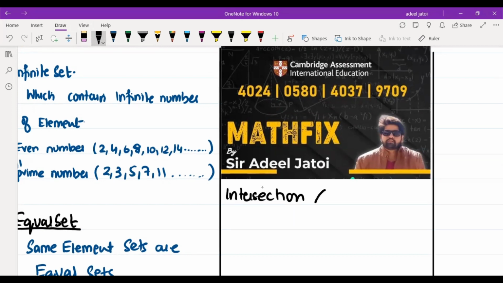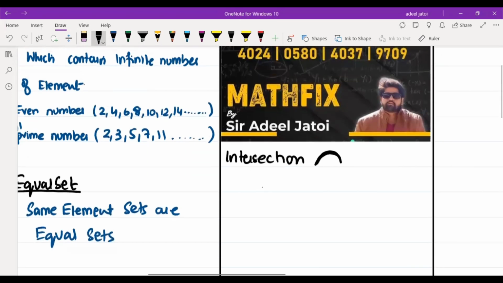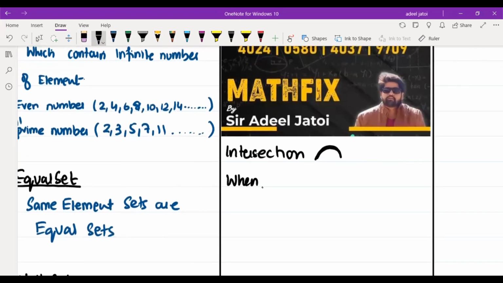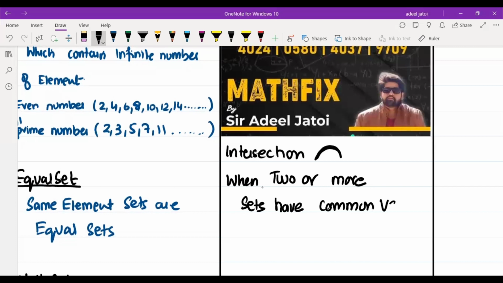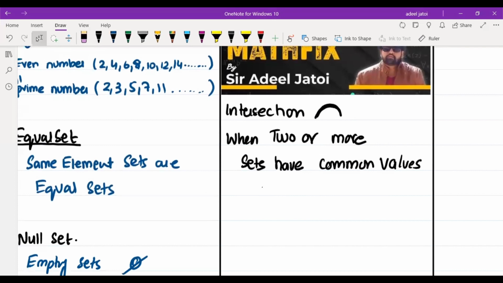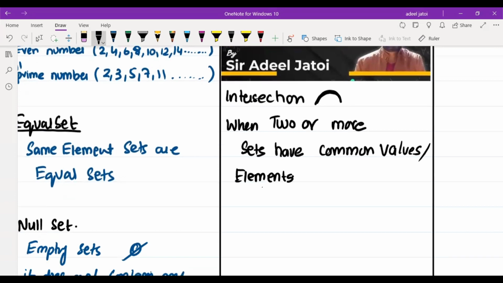Intersection is basically represented by ∩. Intersection is when two or more sets have common values, or I would say common elements. It is your intersection set.